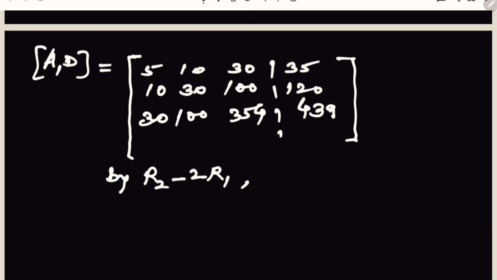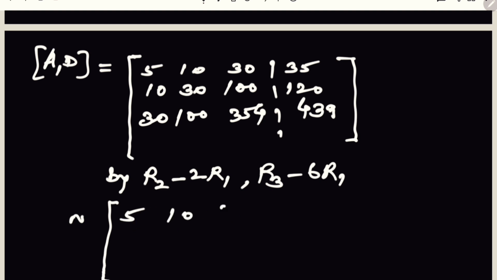First row keeping as it is. Then we are making 10 and 30 as 0 by using the transformations R2 minus 2R1 and R3 minus 6R1. First row no change: 5, 10, 30, 35.